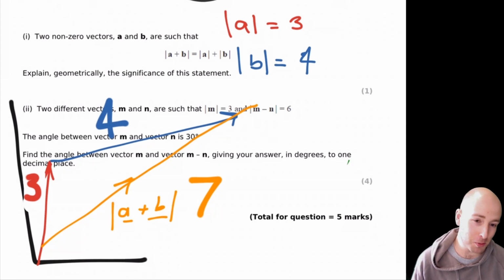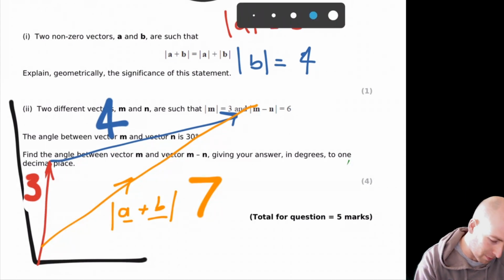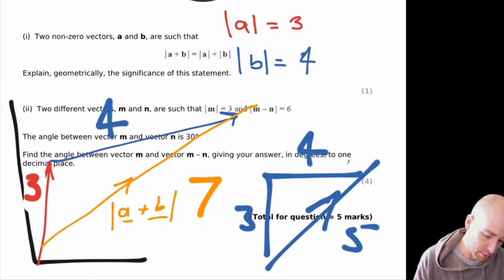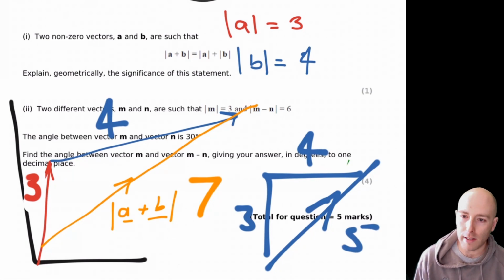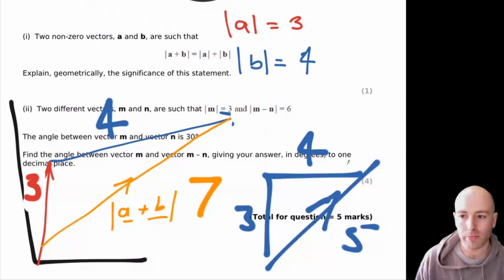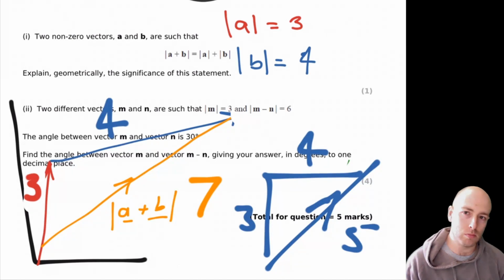If they're right angles, it'd be 5, because you'd have 3, 4, which would give you a 3, 4, 5 triangle. That side would be 5. So they're not right angles. It's just a sketch. It shouldn't really matter. When is that possible?